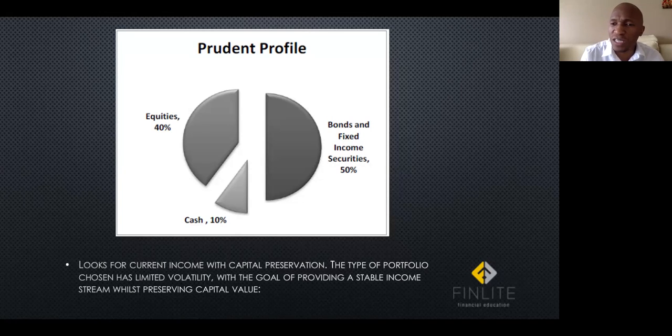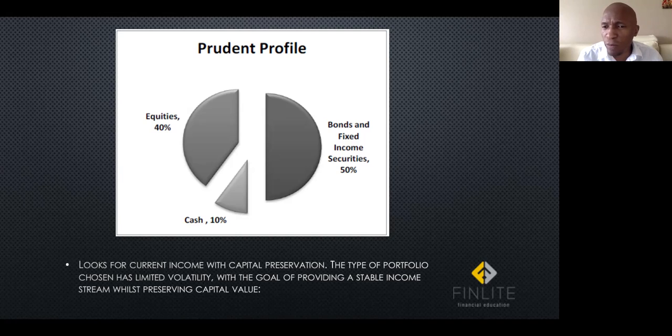Remember that equities are about capital growth, and bonds are about receiving a constant income, but without actual capital growth in the money that you invested. And then the cash is sometimes receiving lower than inflation type of interest. So that's what a prudent profile actually looks like.